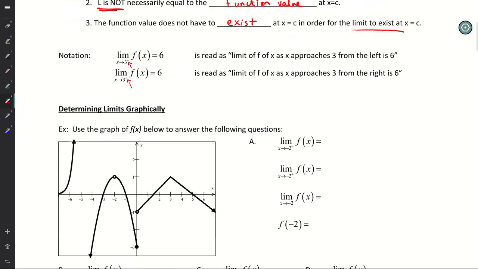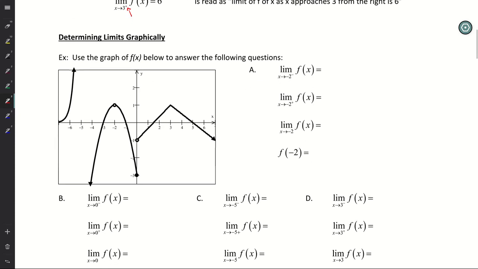So let's look at determining limits graphically so you can get a good idea of what limits are and what is actually happening. Part A here, we're looking at this graph. Notice that this is a graph of a function. There is one thing that I want to point out about this graph that maybe we will have remembered from algebra.